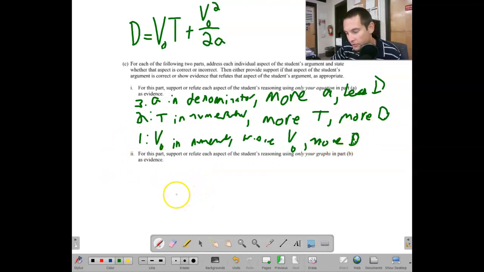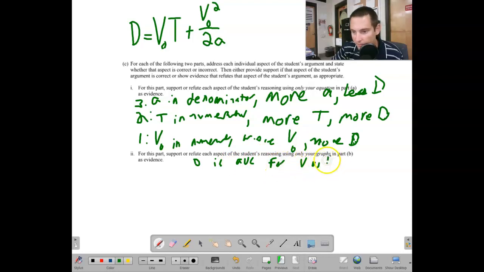Part 2. For this part, support or refute using only the graphs in part 2. So you're going to have to go back to your graphs and take a look at that. And we should know that those were velocity versus time graphs, right? And the total distance traveled is the area under the curve for a velocity versus time graph.